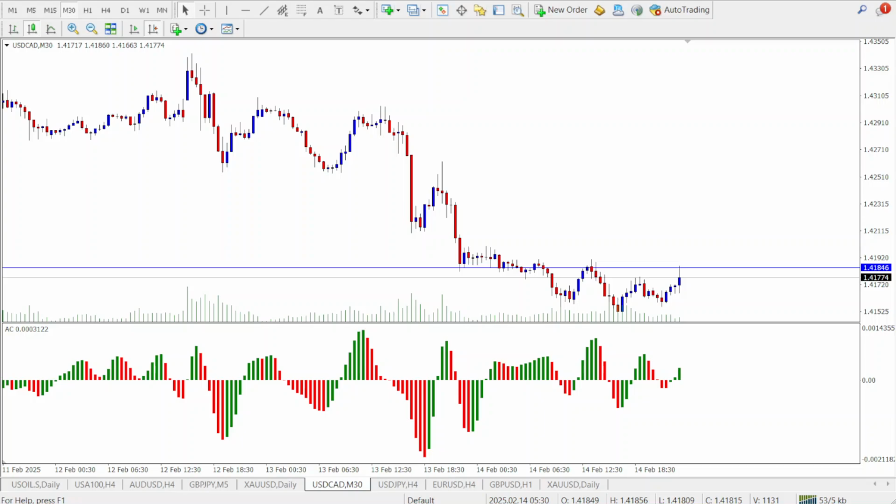When the AC is above the zero line and green, momentum is strong to the upside, indicating possible bullish continuation. On the other hand, when the AC is above the zero line but red, it means that momentum is slowing down, signaling possible trend exhaustion.